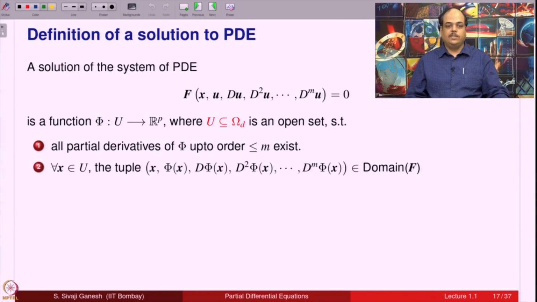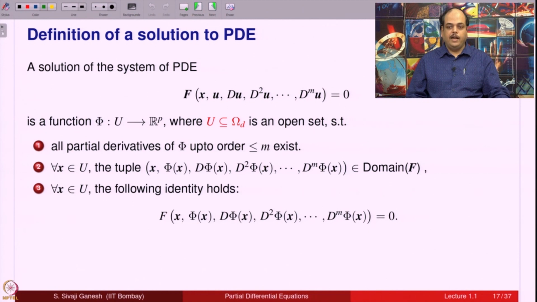Second, once it exists, look at this tuple. I am going to substitute inside this x, phi(x), d phi(x), d2 phi(x), up to dm phi(x). Therefore, I would require that this tuple belongs to the domain of f, and I have the right to apply f to that. When I apply, I get 0. That means this equation is satisfied in this way by this function phi.